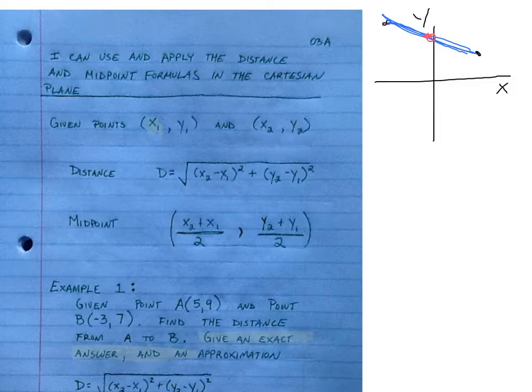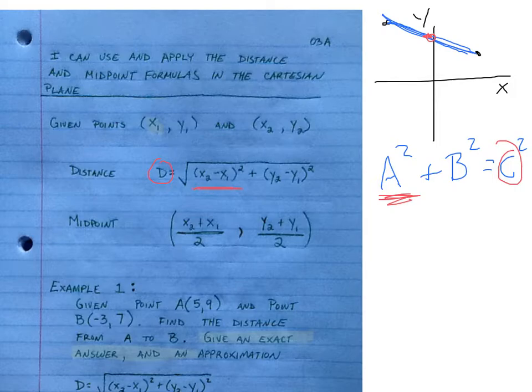This is derived from the Pythagorean theorem, a squared plus b squared equals c squared. If you were to compare this, you could see that the c is basically your distance, and then a squared is the distance from one x to the other x, and the b squared is the distance from one y to the other y.